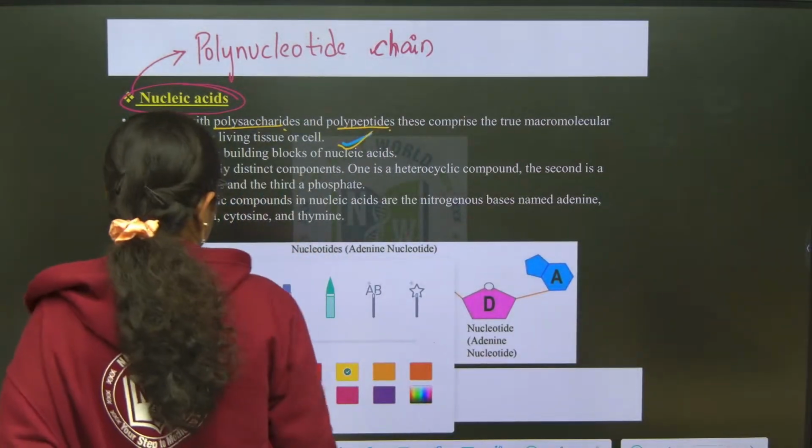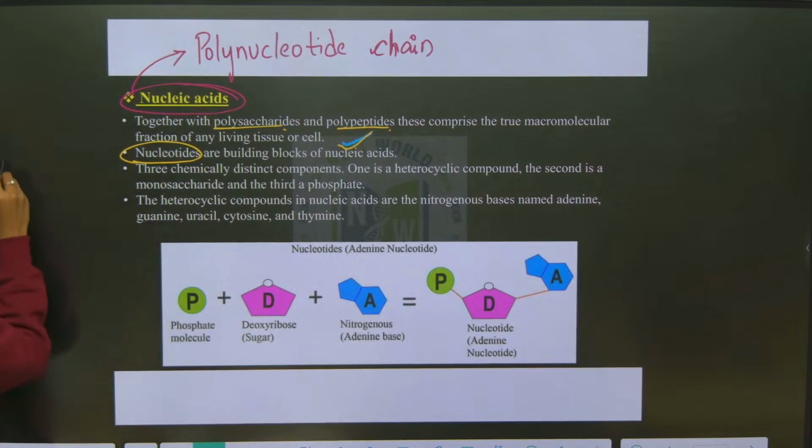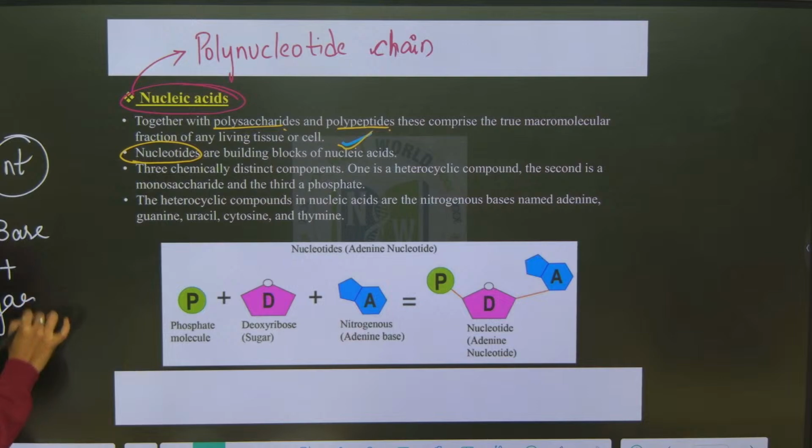Nucleotide is composed of nitrogen base plus sugar plus phosphate group, which is phosphoric acid.